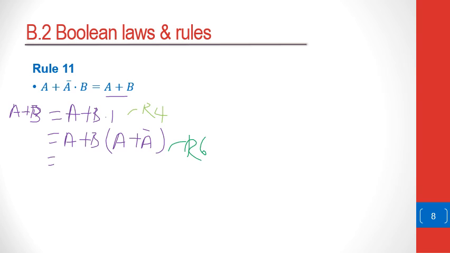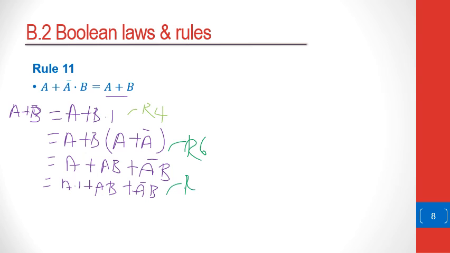Then we can use our distributive law to have A or AB or A bar B. You can use the distributive law, and then we can also say this is the same as A and 1 or AB or A bar B. This is also according to rule number 4.